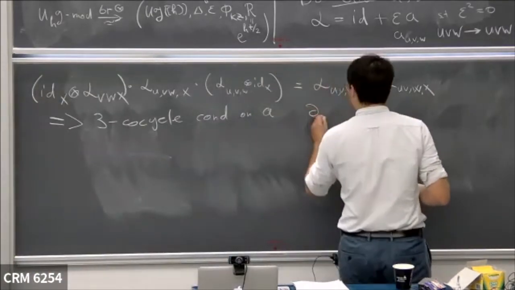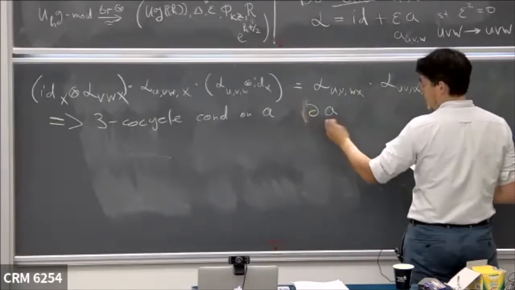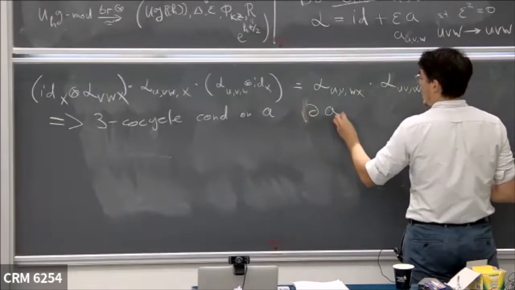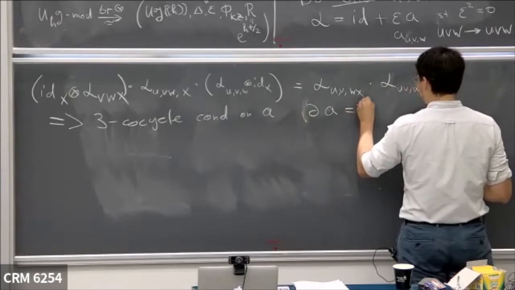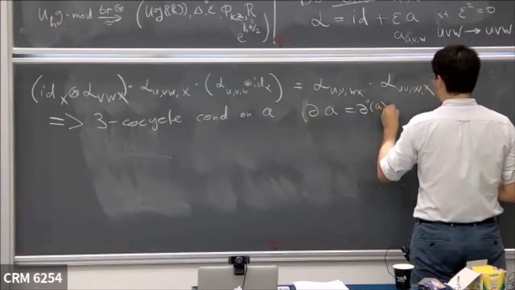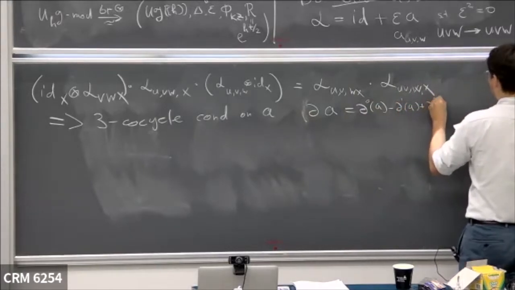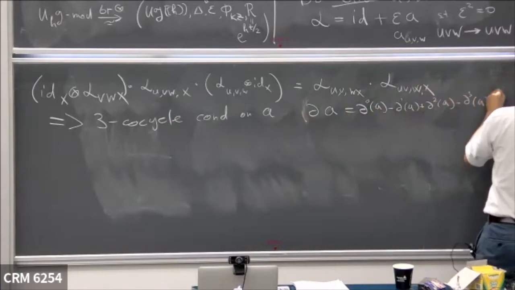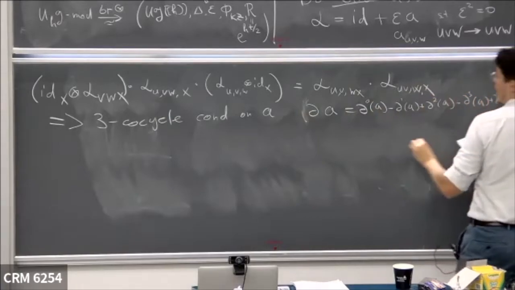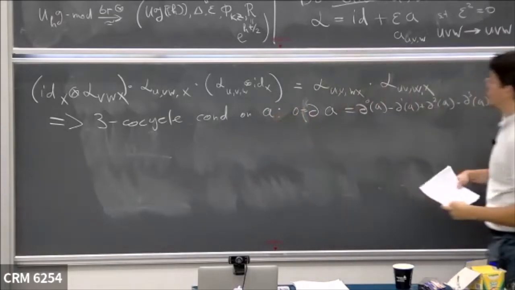I get some D of A, because eventually we will see a differential. D0A minus D1A plus D2A minus D3A plus D4A. And this equals 0. So this is the three-cocycle condition.